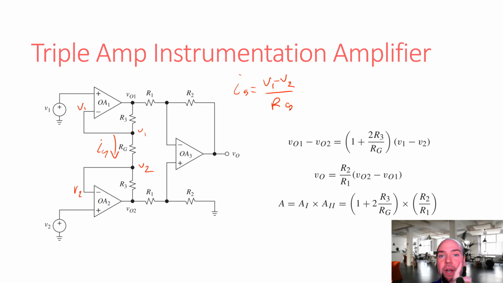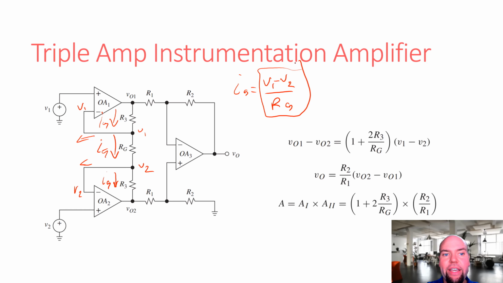Cool. But what else do we know? We know that whatever IG is, this also is IG, and this also is IG. How do we know that? Because there can be no current here in the ideal case. There can be no current here. There can be no current here. So we know we have this current IG, which is given by this, and it's flowing through all three of these resistors.